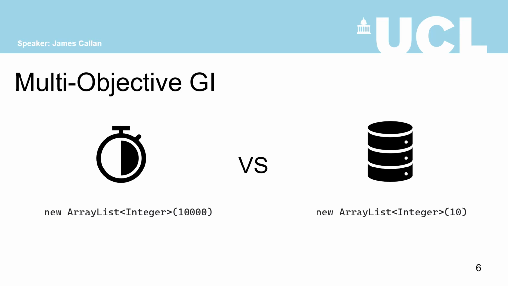However, this consumes excess memory which may not be necessary if the list is only ever full with a small amount of items. On the right we have a more memory efficient implementation with capacity for only 10 integers. However, if this capacity is reached and more integers are attempted to be added, costly new operations will be needed to assign more memory to this array list, thus making it less optimal for the execution time.